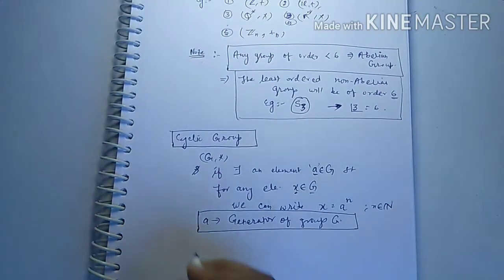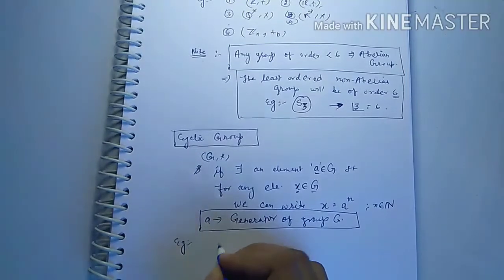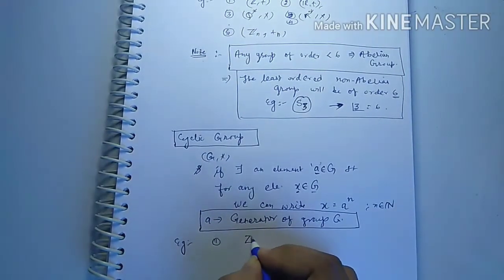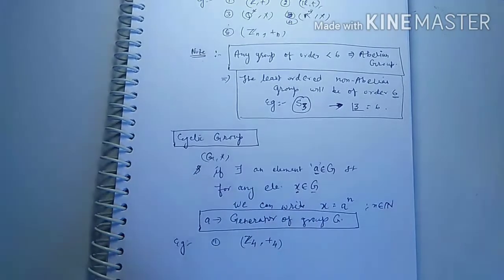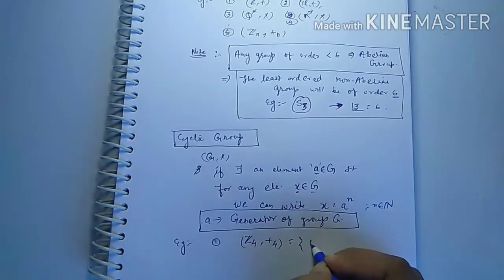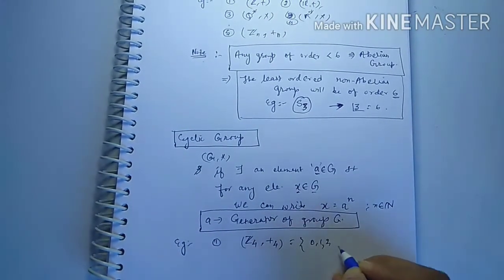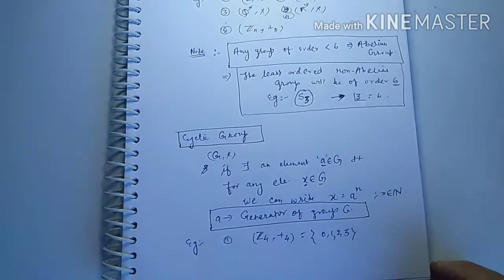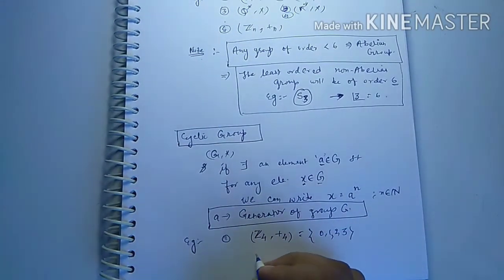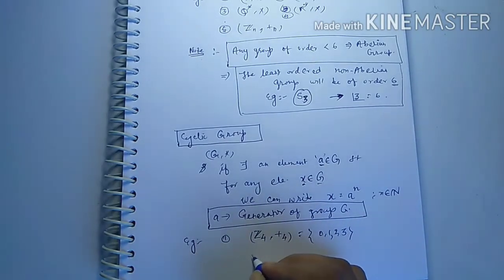For example, again here we take the same example as in the previous video, that is Z4 with respect to addition modulo 4. It is equal to {0, 1, 2, 3}. Here 0 is the identity element and 1 is the generator.